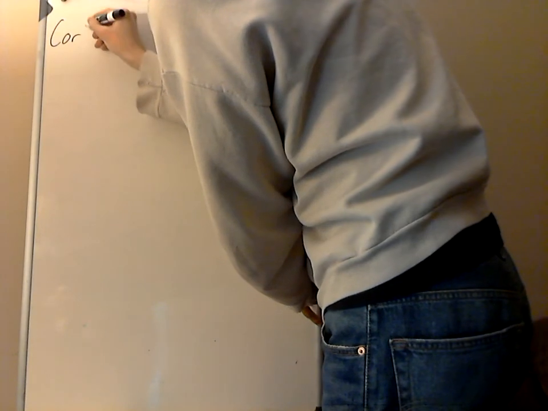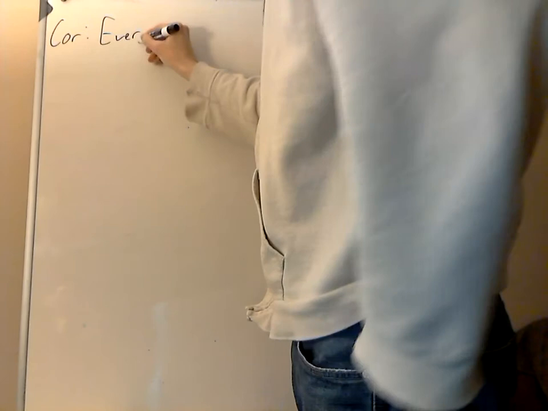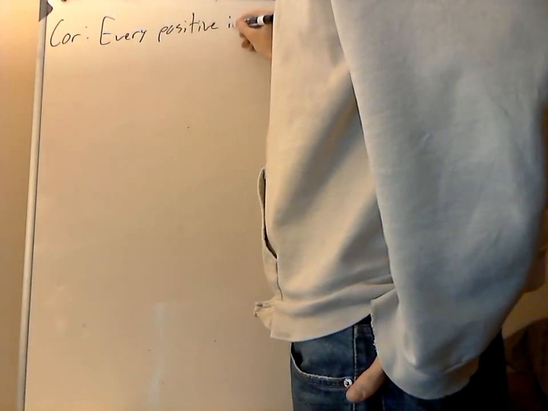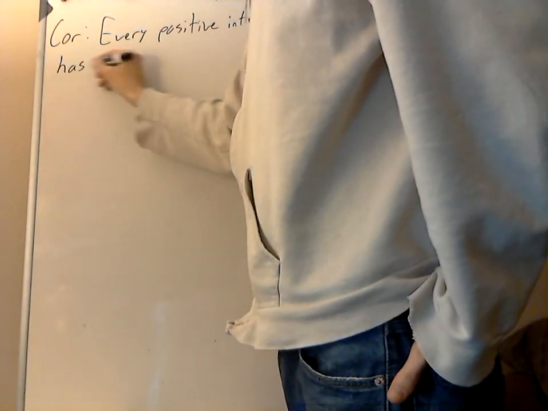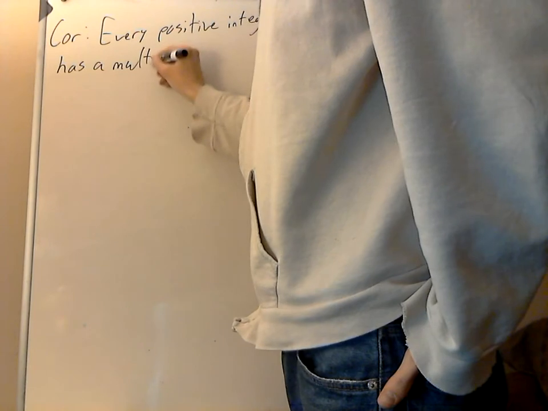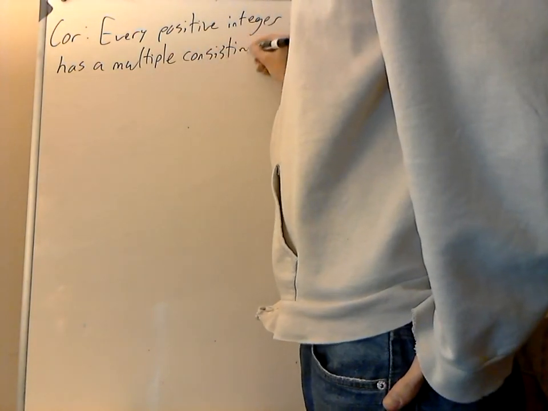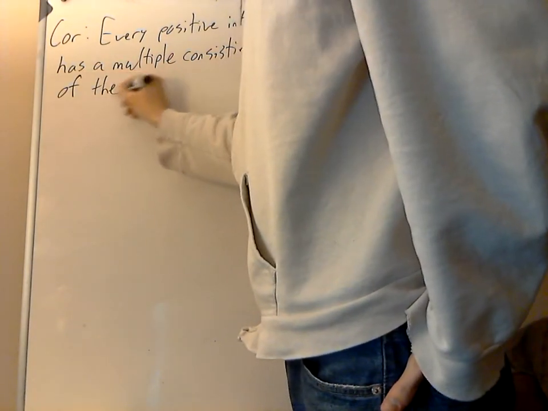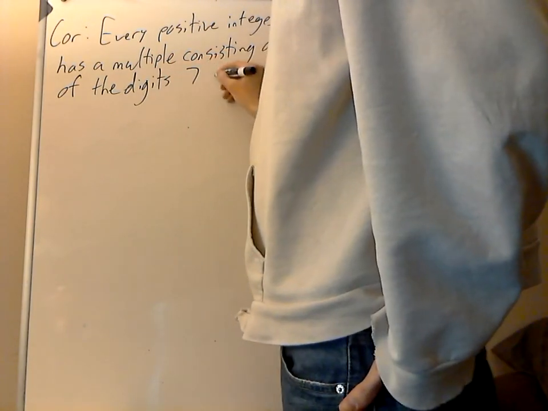For example, we can prove, as a corollary, that every positive integer n has a multiple consisting only of the digits 7 and 0.